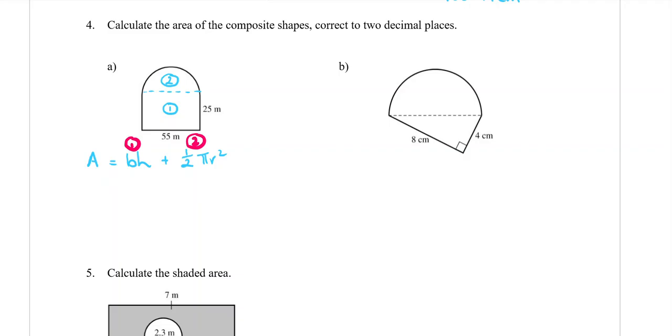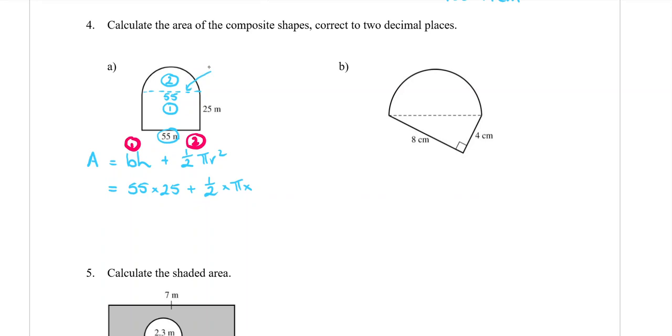Okay, now we want to sub into those formulas. So the base and the height of my rectangle is 55 times 25 plus half pi r squared for my circle, so it'll be half, and then times pi times the radius squared. Now this 55 would also be up here, 55, because it's a rectangle, but that's a diameter.